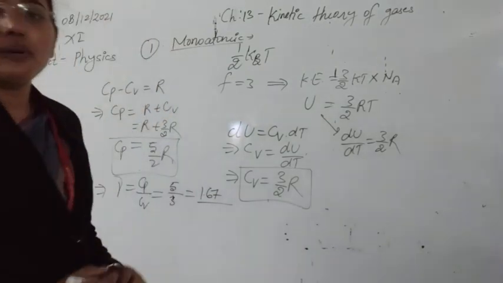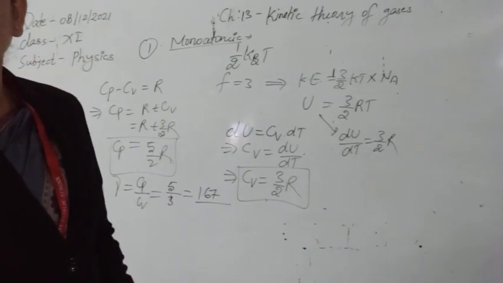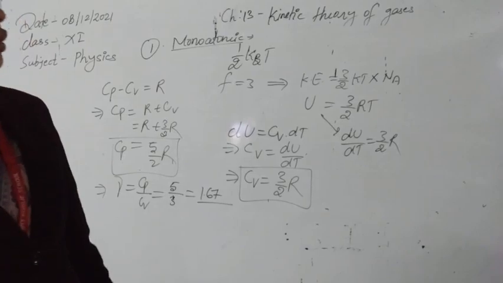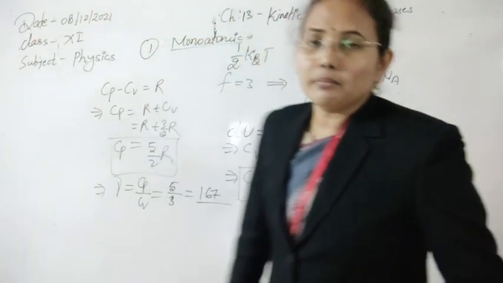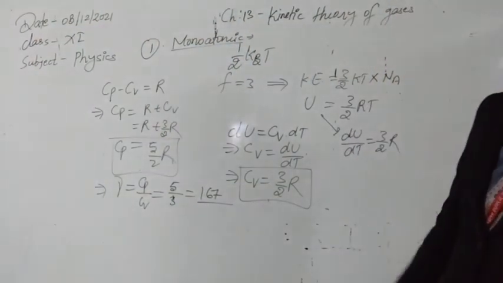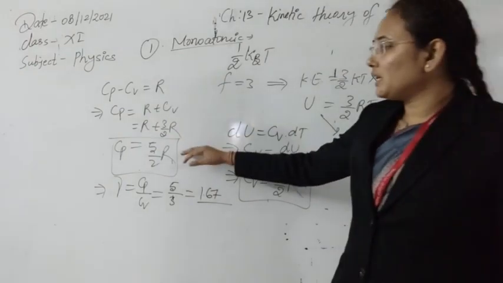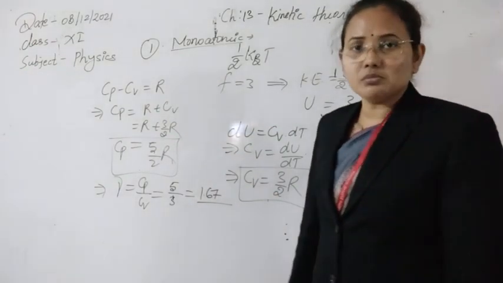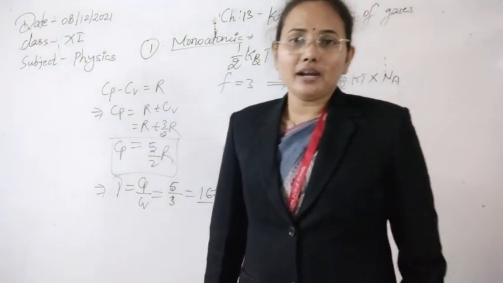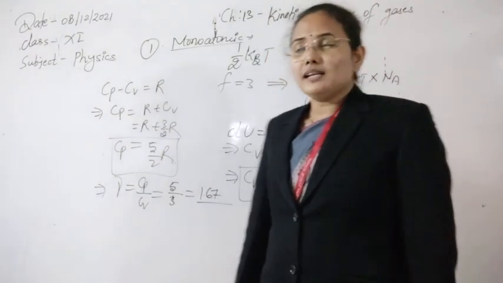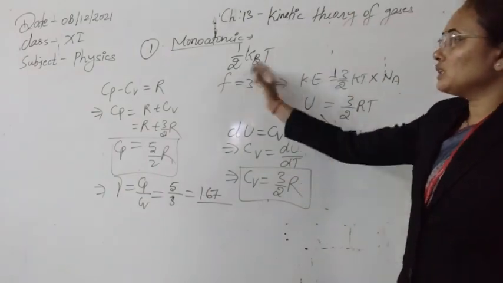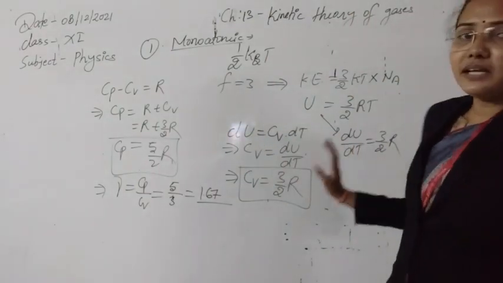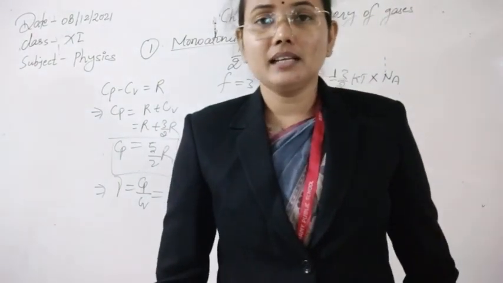So the value 1.67 is predicting that the gas is monatomic. So here, using equipartition of energy, a statistical law, you can easily calculate specific heat. Not only the specific heat, you can also find out whether the gas is monatomic, diatomic, triatomic or polyatomic. That is very easy to find out using these laws. So I think the first application of the equipartition of energy is clear.